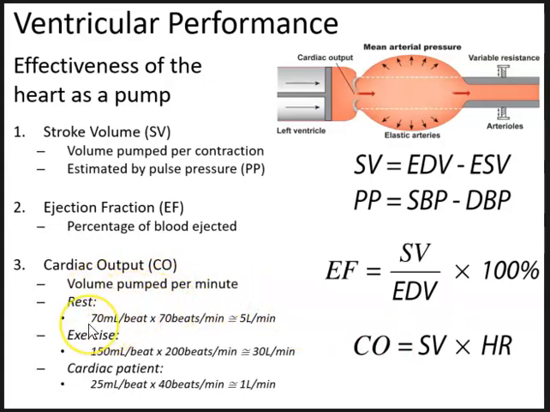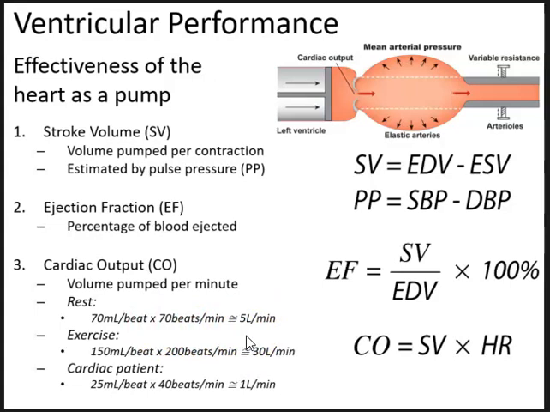At rest, our heart rate can be about 70 beats per minute. If we take the formula cardiac output equals stroke volume times heart rate, stroke volume in this case being 70 milliliters per beat, multiplying that by the heart rate, we get approximately 5 liters per minute for the cardiac output.